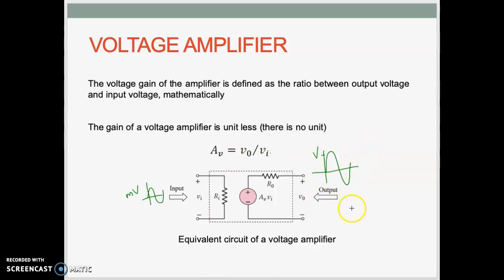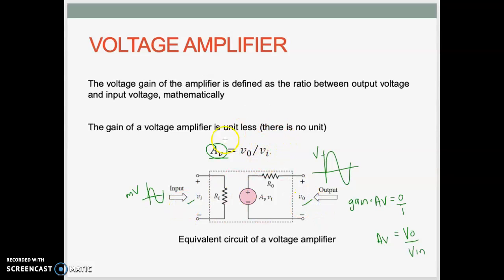How you measure the performance of the amplifier is the gain, that is what we call here AV equals out over in. So the output voltage is V out and the input voltage is V in. This is the gain AV. So for a voltage amplifier, your gain denoted by AV equals V out over V in.